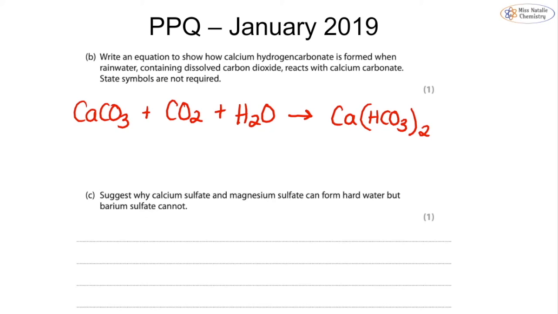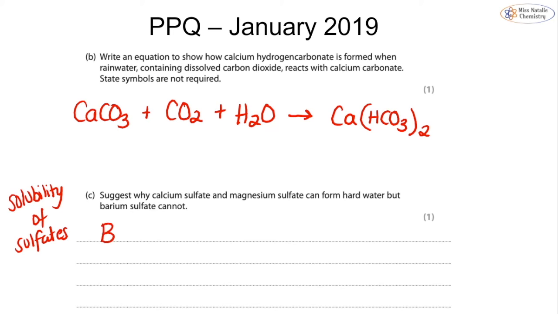Part C suggests why calcium sulfate and magnesium sulfate can form hard water, but barium sulfate cannot. Well, this is all to do with the solubility of sulfates, and it is worth 1 mark.